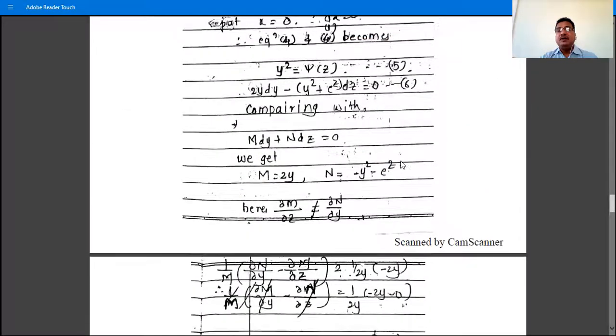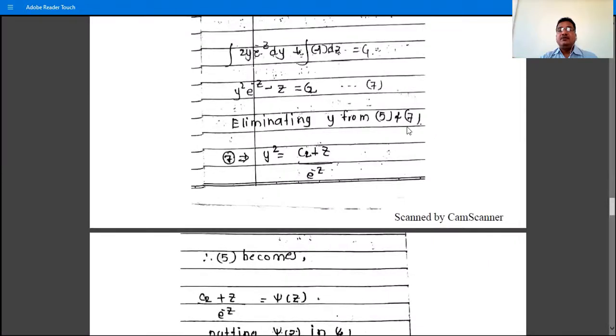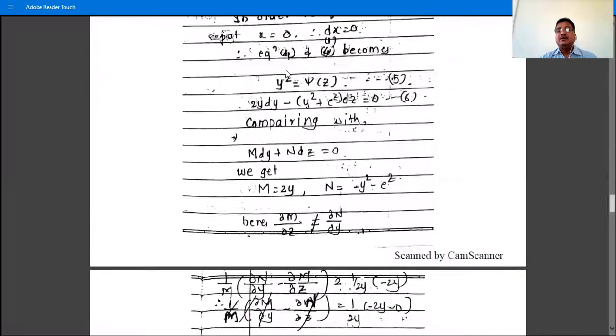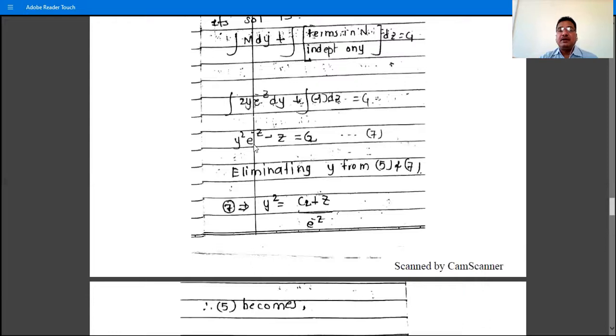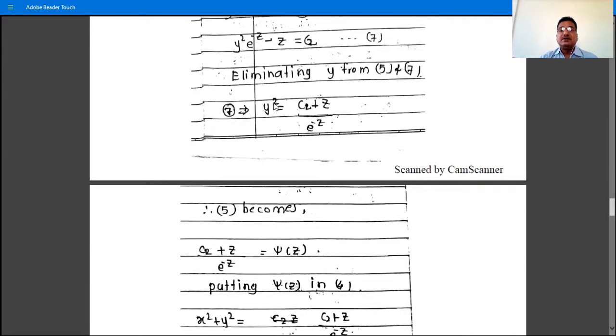So this is equation number 7, and this is the solution of equation number 6. Okay. So now eliminate y from 5 and 7. So the value of y is root psi z from equation number 5. Substitute this root psi z in equation number 7. From this we have y square equal to (c2 plus z) divided by e raised to minus z, and substitute this y square as psi z.